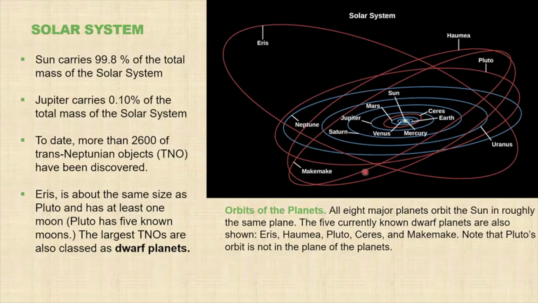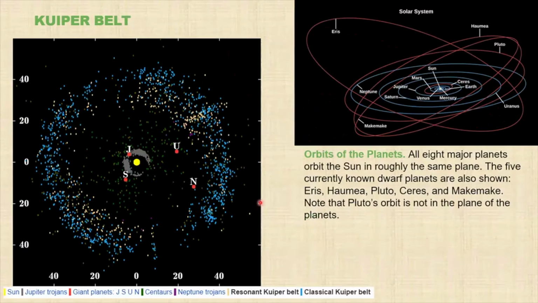Only some big ones are labeled here. The blue dots here are all TNOs. The yellow is the Sun. These red dots are Jupiter, Saturn, Uranus, and Neptune, the biggest planets in the solar system, called gas giants or giant planets.